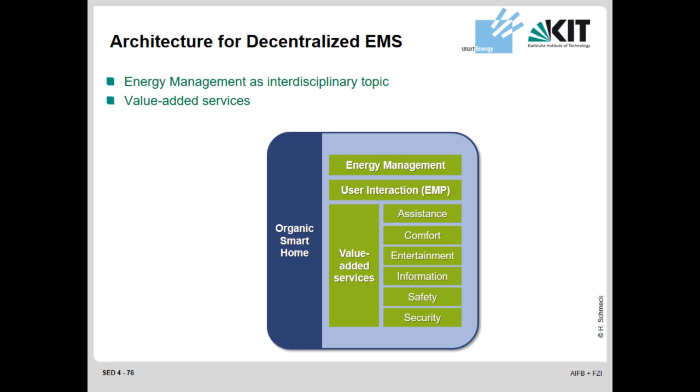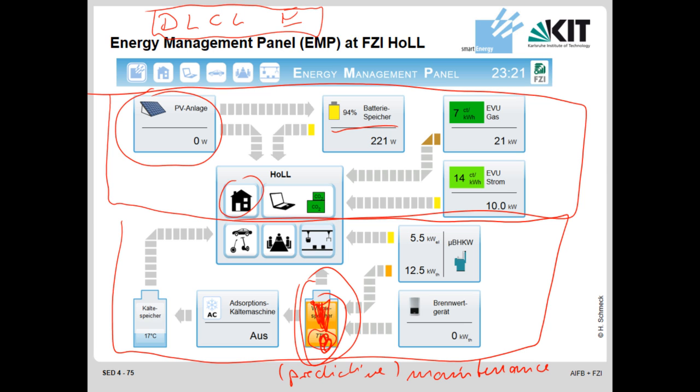Okay, so this is the energy management system that we have designed, our organic smart home, with an interface, which again, let me show that again, is slightly different from the interface we have shown in the house. Imagine you have that in a factory.